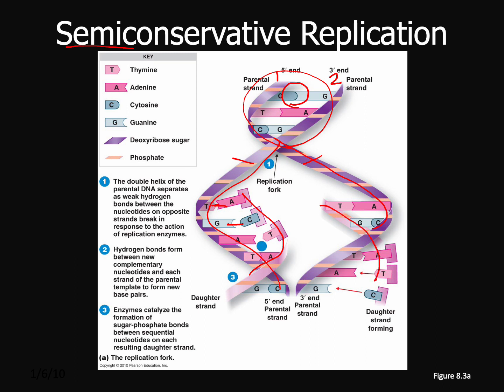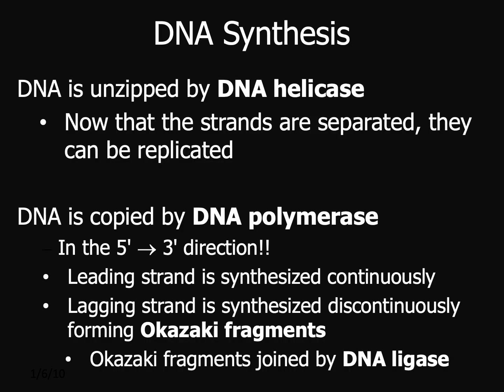So the original parent strand is semi-conserved in these daughter strands. Now over in the next couple slides, we're going to dive into how this process works at a cellular level. We'll start off by introducing you to some important players and rules involved in DNA synthesis or replication. You can use those terms interchangeably, so DNA synthesis or replication.